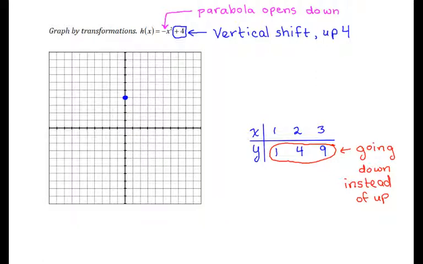So we are still starting at the point 0, 4, and from here drawing 1, 1, meaning I go left or right 1, and I go this time down 1 instead of up 1. And then the point 2, 4 relative to there. And then the point 3, 9 relative to that vertex.